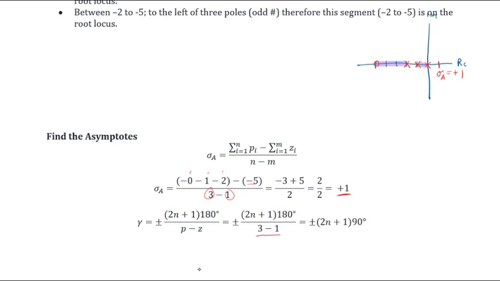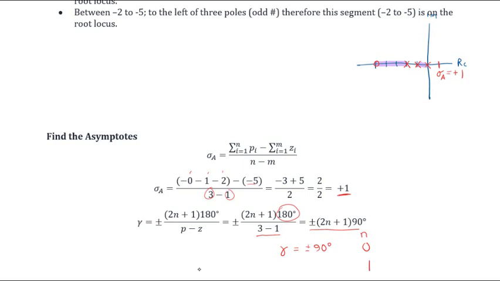That's going to divide 180 degrees by 2 to make it 90. So this is our final expression. And so for gamma, for n equals 0, gamma is going to be equal to 0 plus 1 times 90, so plus or minus 90.